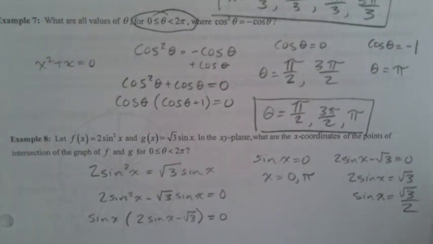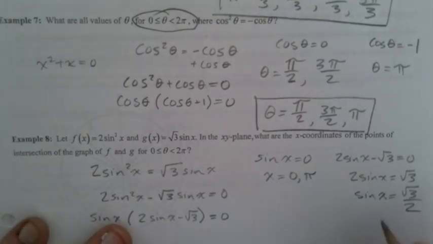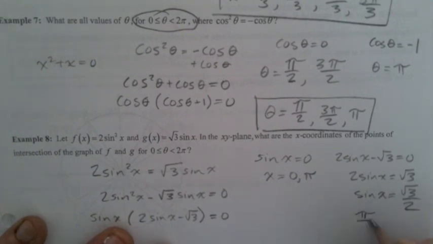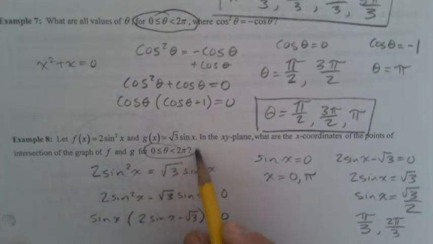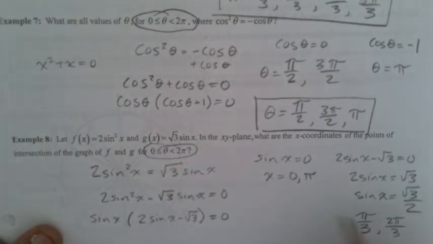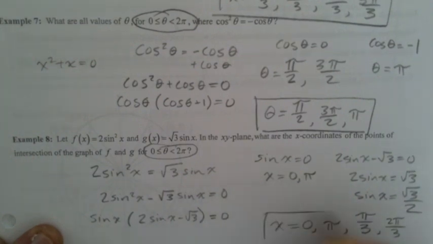Root 3 over 2 for your y value happens a couple of times. It happens at pi over 3, and then again at 2 pi over 3. Do I put a 2 pi k? No, I do not, because it is already given. So here we go. We got 4 possible solutions for this equation. Here they are.